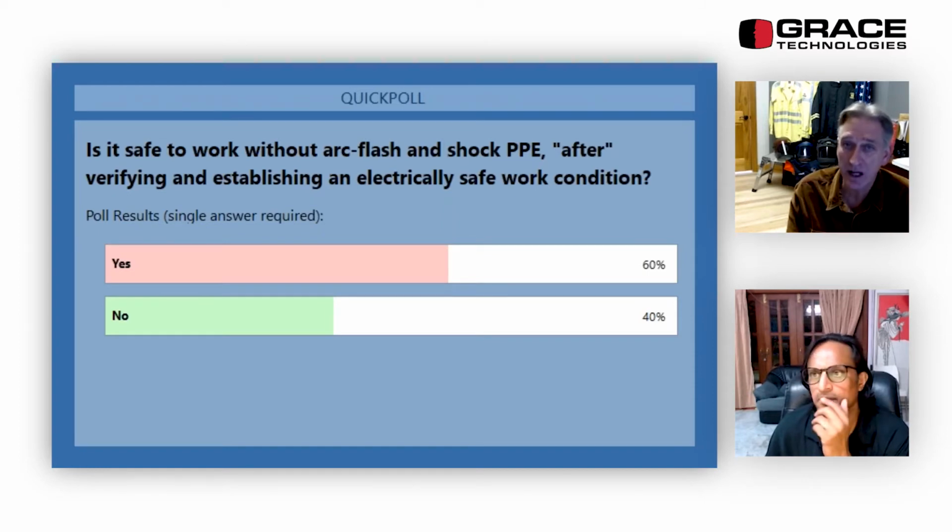So the equipment is locked out, tagged out. You've tested it for the absence of voltage. You've tested your test equipment before testing for the absence of voltage, and you've tested after. So everything is electrically safe at that point.